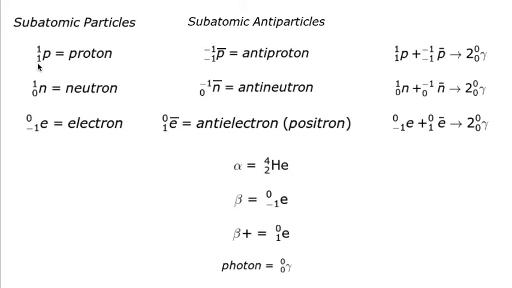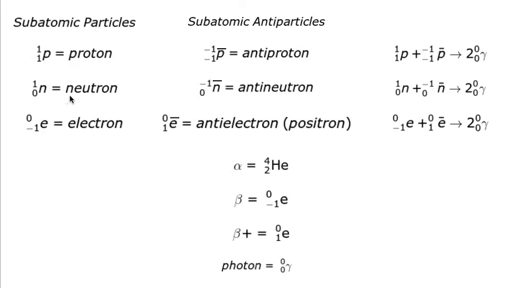Of course, the mass number refers to the total number of protons and neutrons within a given nucleus. So for a proton, since it is one proton, the atomic number is 1, and the mass number, which refers to the number of total protons and neutrons in a given nucleus, is also 1, since it's one proton.